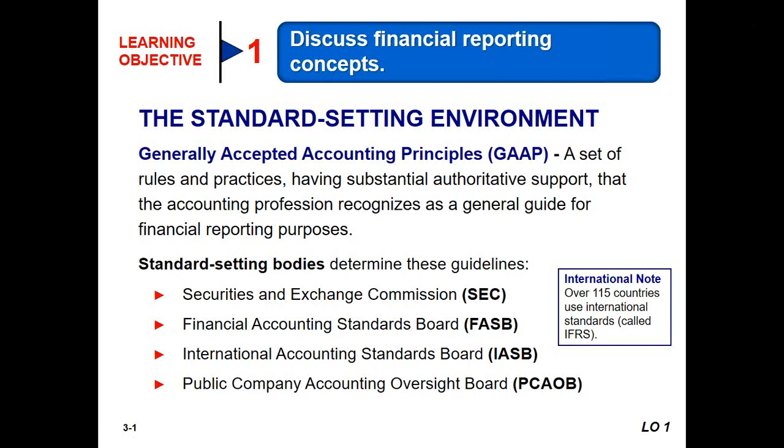For years now, they have been trying to join the United States standards with the international standards, but just like with metric, the United States just seems to like to do its own thing. That's why I call it IFRS, because I'm beginning to wonder if we're ever going to get there. The book wants to make it seem like this is a recent occurrence, but we have been working on this for years. And still there is not a date in sight where the United States will conform to international standards.